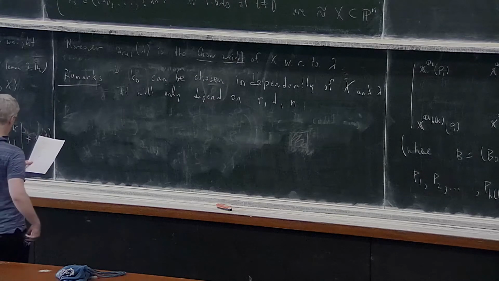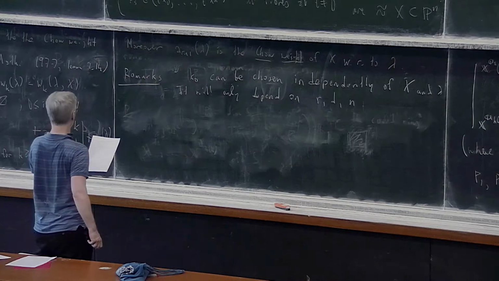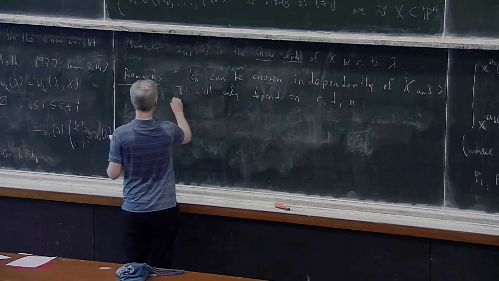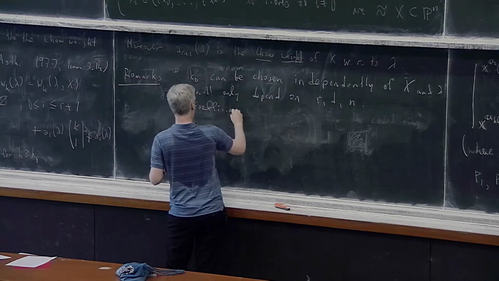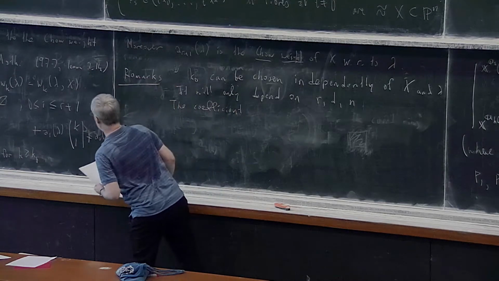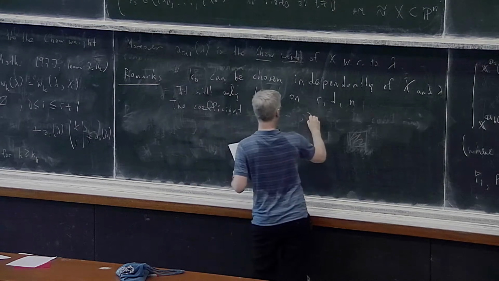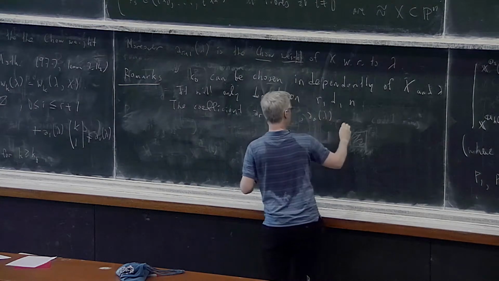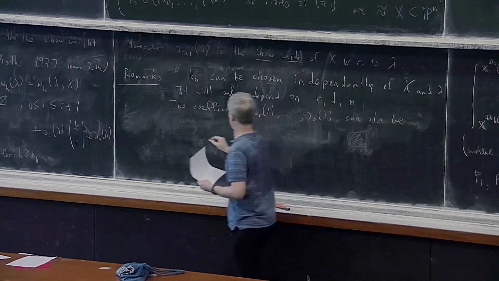And another thing you have to do is that you also have to bound the coefficients. The non-leading coefficients here, a_r of lambda up to a_0 of lambda, can also be bounded uniformly.